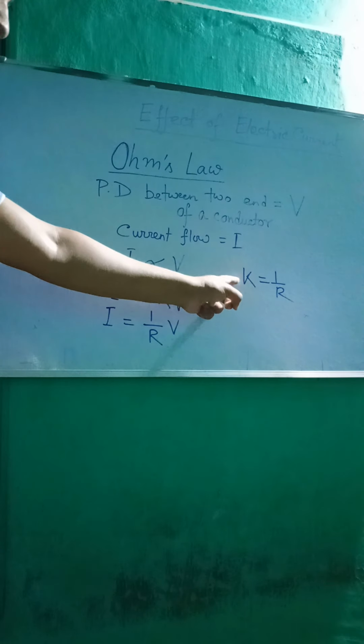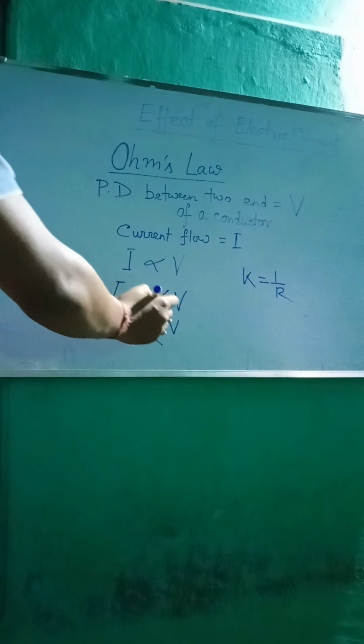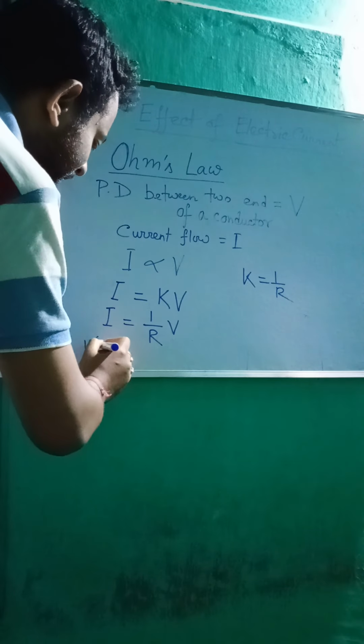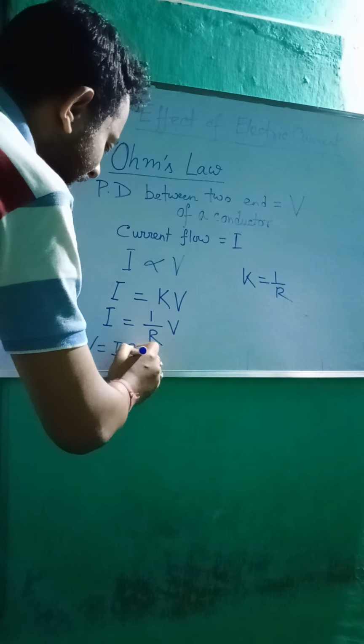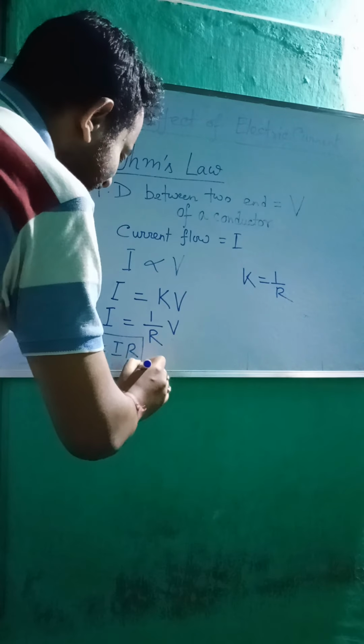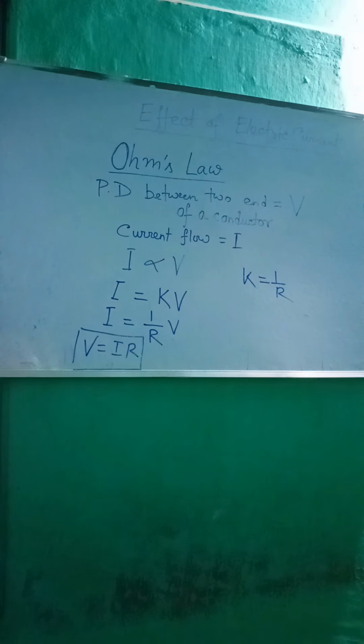I will discuss K and R. So from this equation you can write V is equal to I R. This is the mathematical expression of Ohm's law.